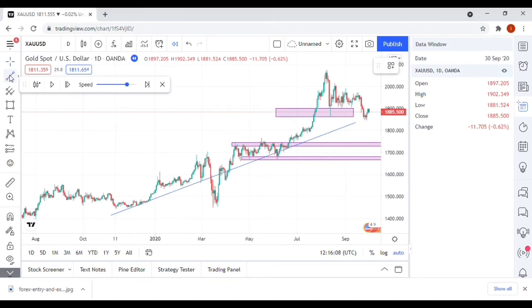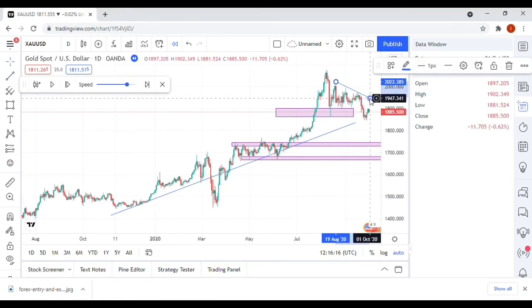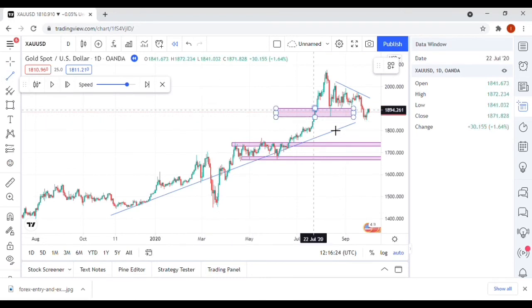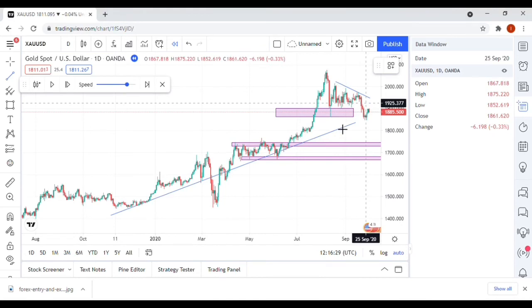And those triangle formations are different types of trading setup. These are also the things that you need to be looking out for. So a triangle actually formed after that retest. So once you see something like this on the Forex chart, you basically don't jump into any entries. You basically wait for a breakout.